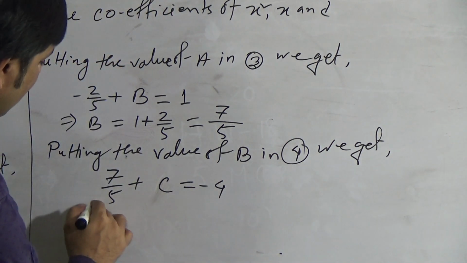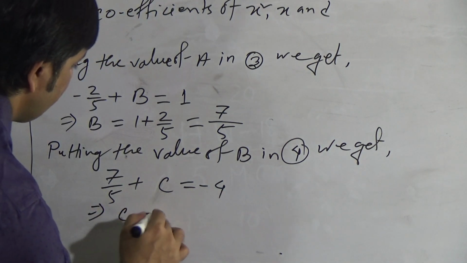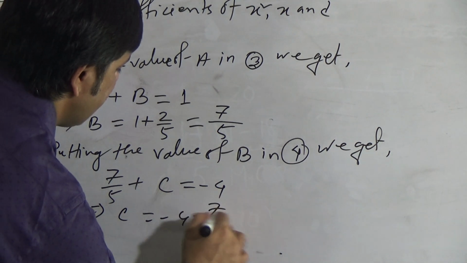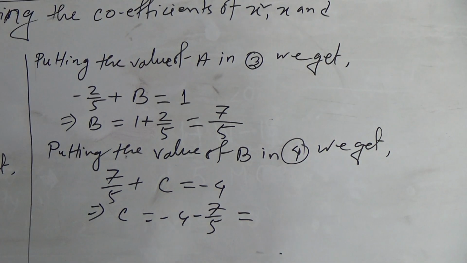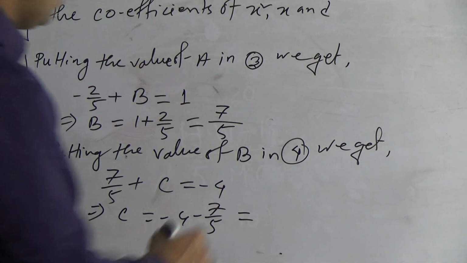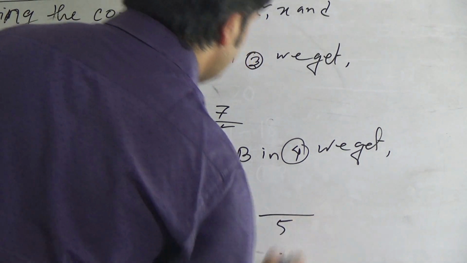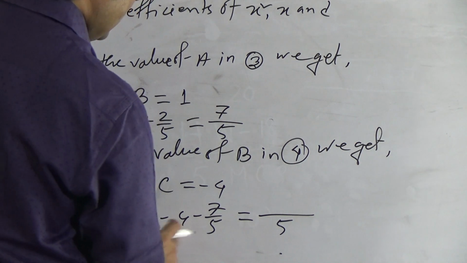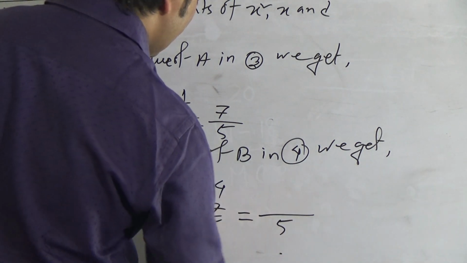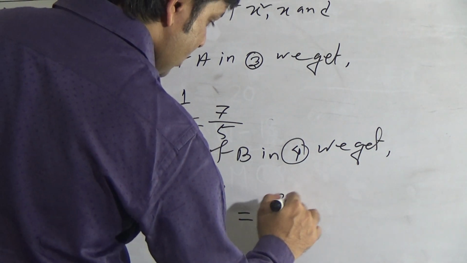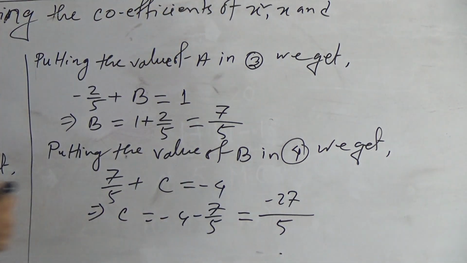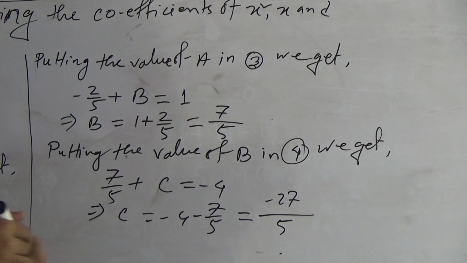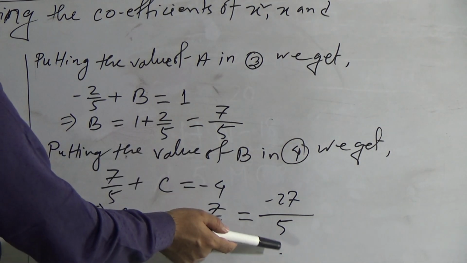So c equals minus 4 minus 7 by 5. If we calculate, we get 5 in the denominator, and 5 fours are 20, minus 20 and minus 7, that is minus 27 by 5. Okay dear students, so we have determined the values of a, b and c.